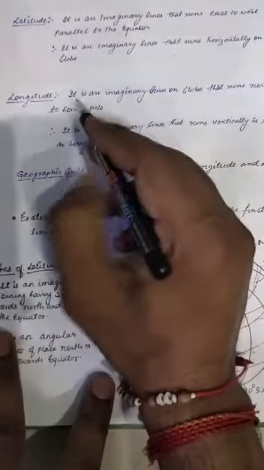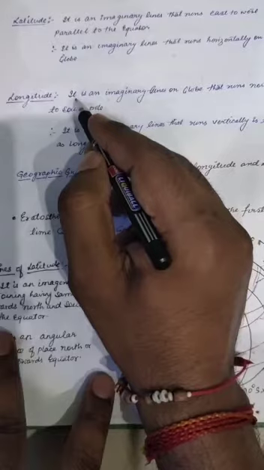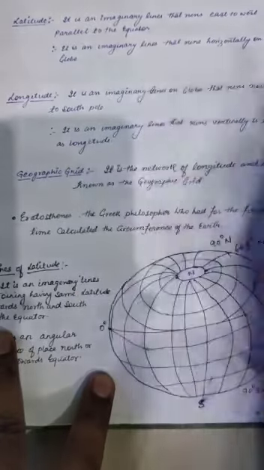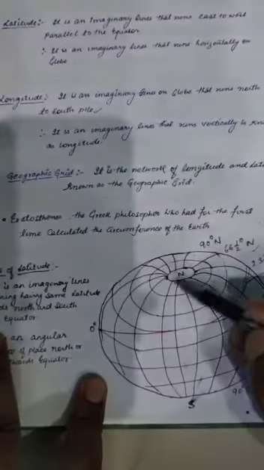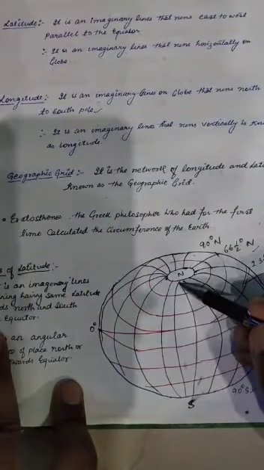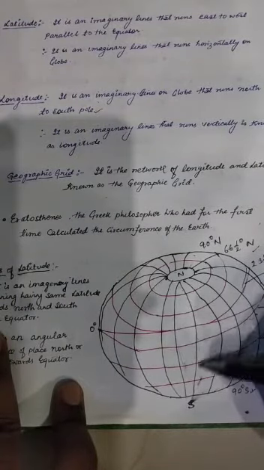Second is longitude. So what is longitude? It is an imaginary line on the globe that runs from the north pole to the south pole.